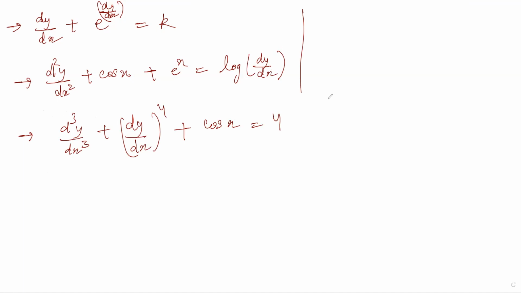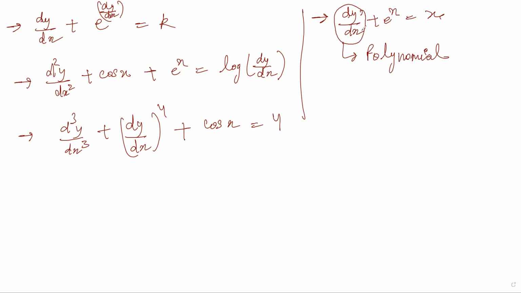And the first one was dy by dx plus e to the power x is equal to k, or something like that is equal to x. This is certainly a polynomial, because dy by dx as a whole is a variable.